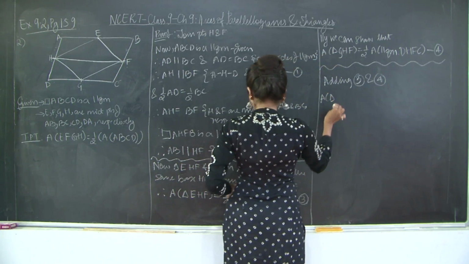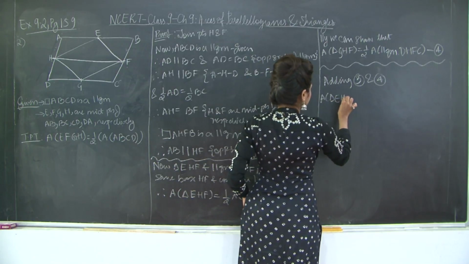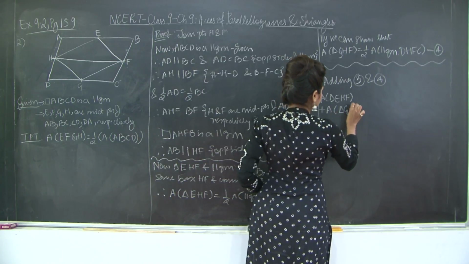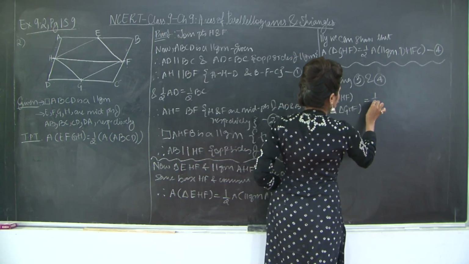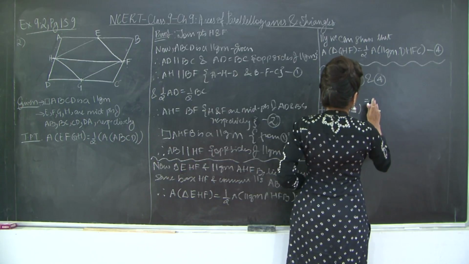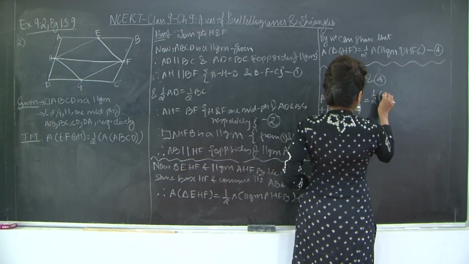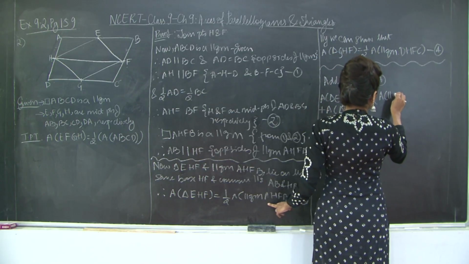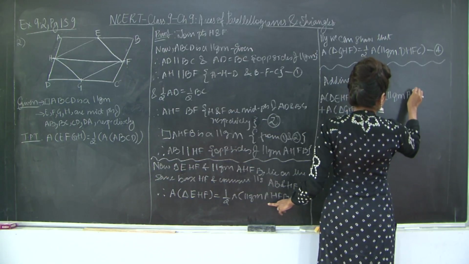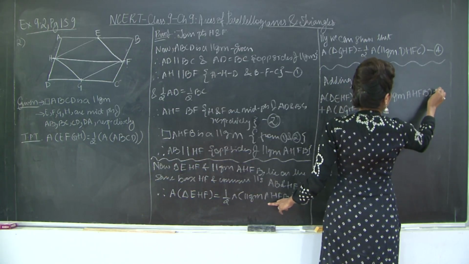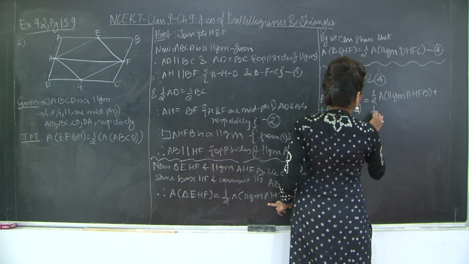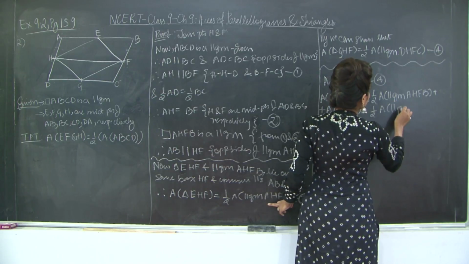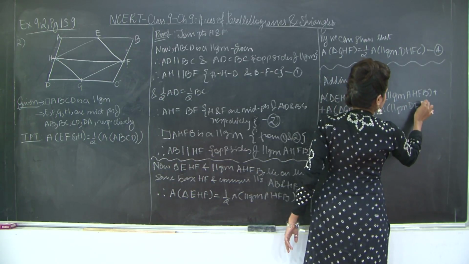Area of triangle EHF plus area of triangle GHF is equal to half area of parallelogram AHFB plus half area of parallelogram DHFC.